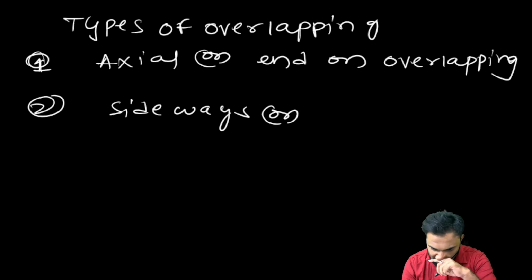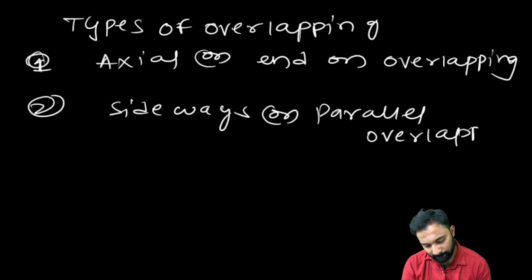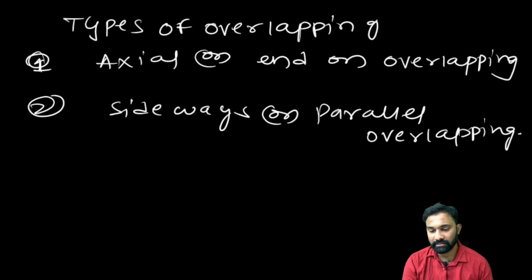Or sideways overlapping, or parallel overlapping. Now, the end-on or axial overlapping leads to give the sigma bond, and the sideways overlapping leads to give the pi bond.